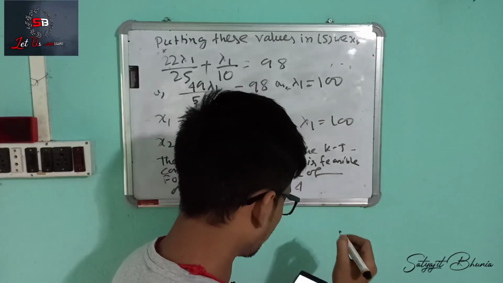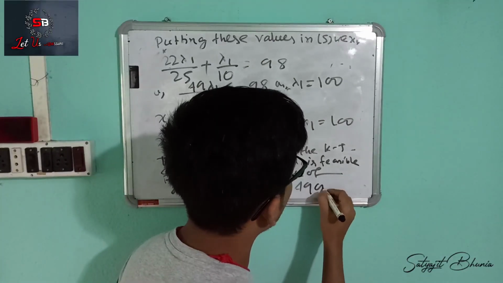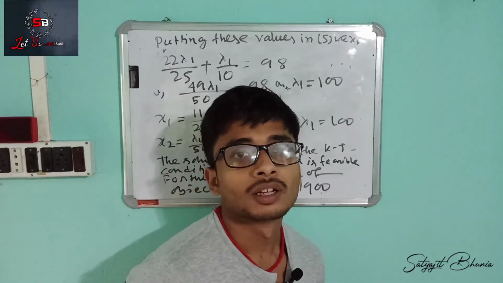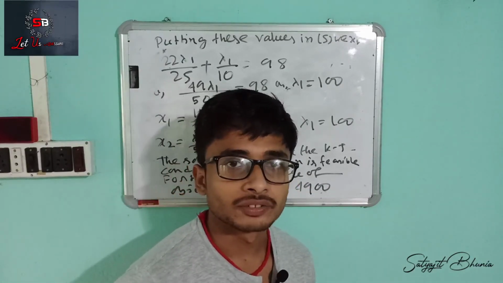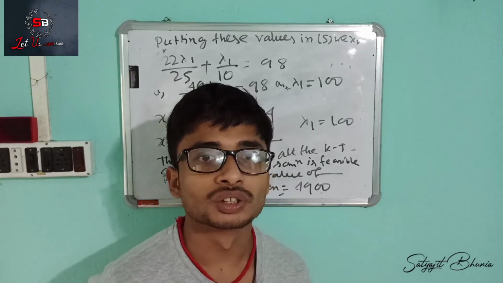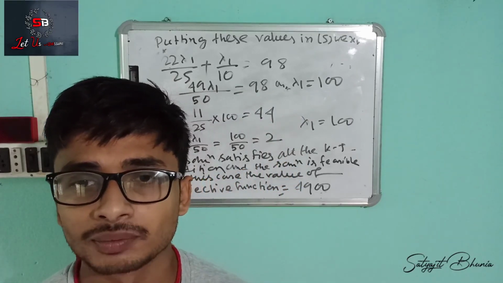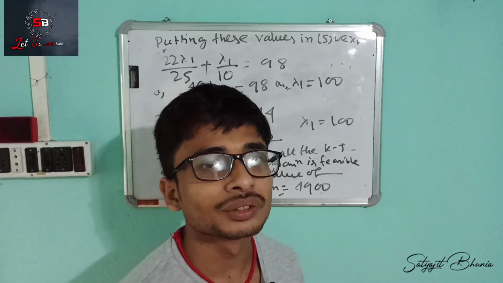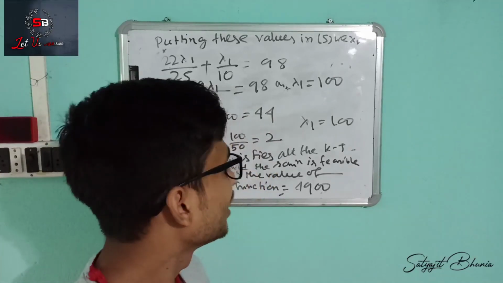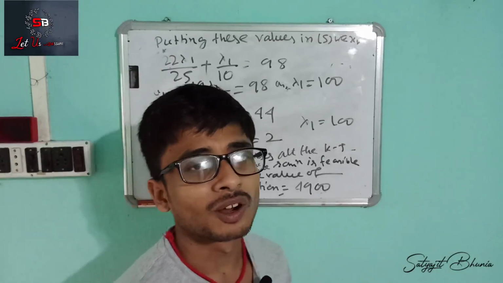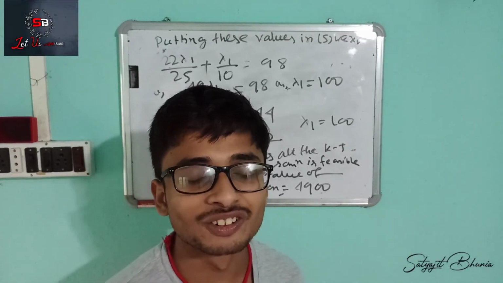We will get the value 4900. So we will check which value is the maximum from the two cases. We can easily say that the maximum value is between 0 and 4900.